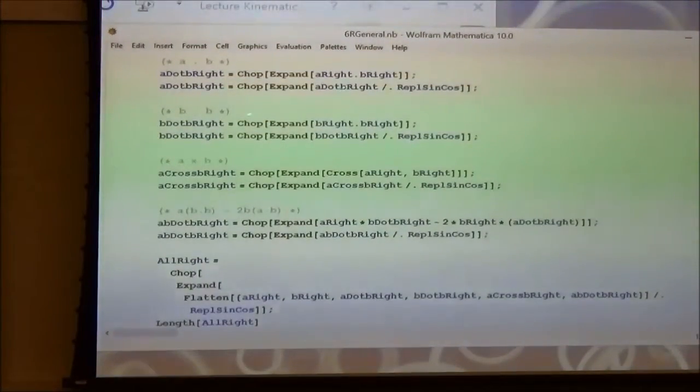The first one is A dot B, and B dot B, and A cross B. This you can actually get 3. This you get 1 is a scalar. And this is another vector equation. So 6, 6, 1, 3, 6, 1, 1, that's 8 plus the original 6. So you get 14, all the equations.